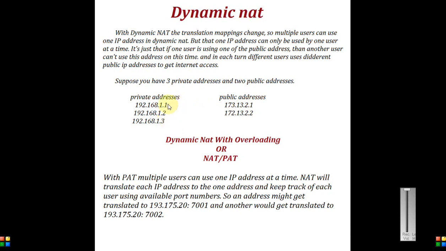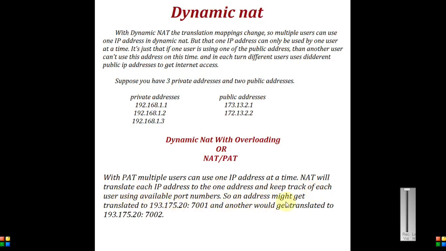Meaning, multiple private IP addresses can use one dynamic address to get internet access. With PAT, multiple users can use one IP address at a time. NAT will translate each IP address to the one address and keep track of each user using the available port number.